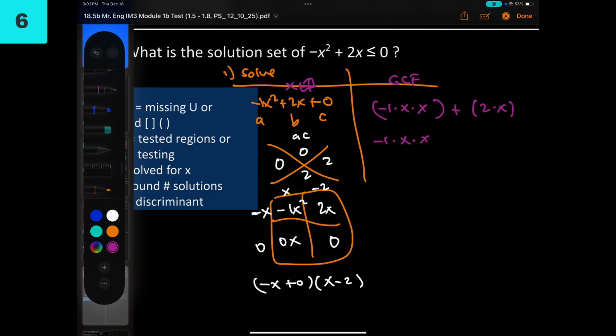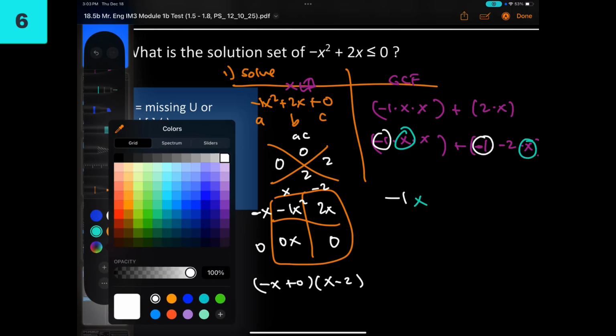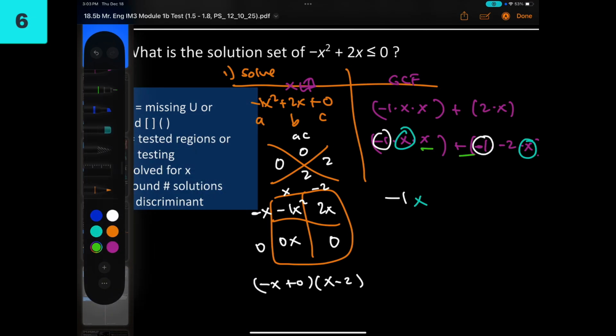Well, you can do this, right? Can't you do negative 1 times a negative 2? To show that they have a negative 1 and they also have an x. So then the only thing that's left is x minus 2.